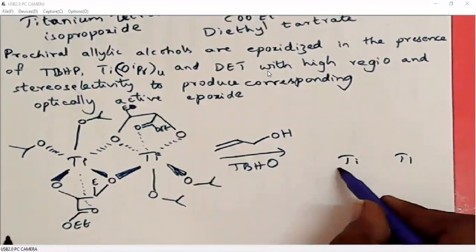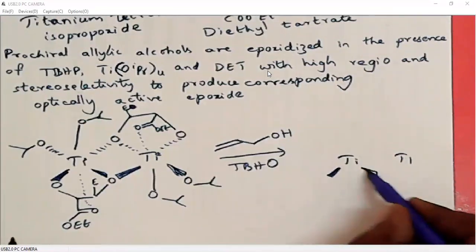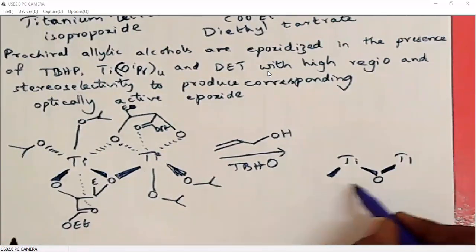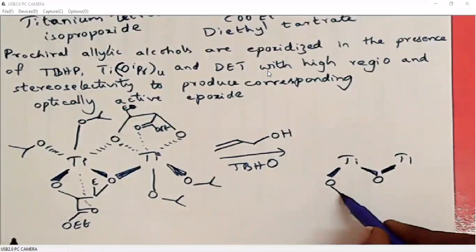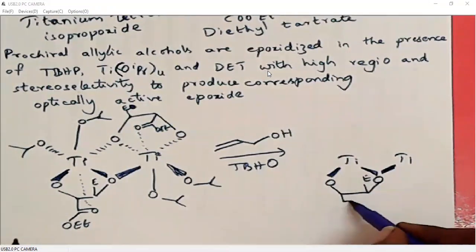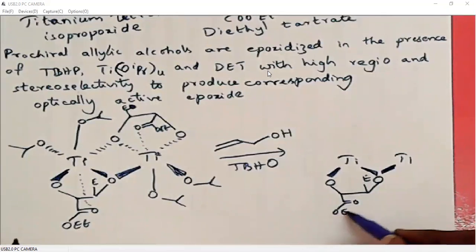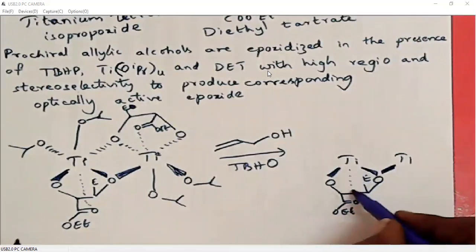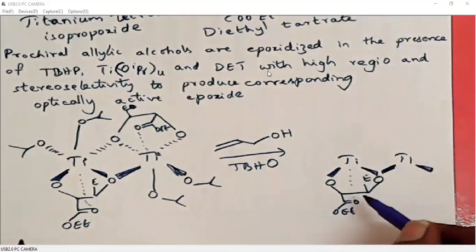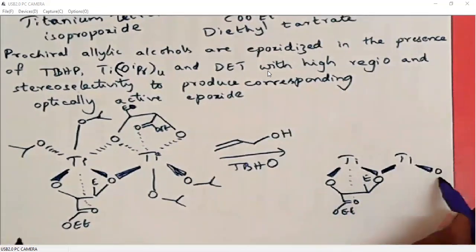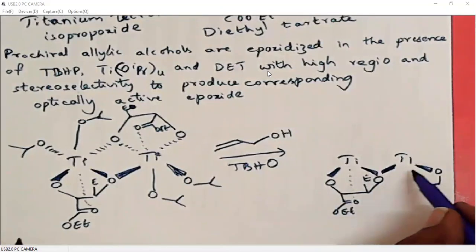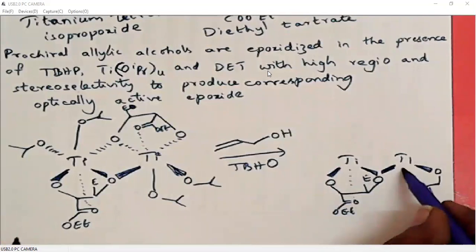So what happens? The complex is as it is. This is E, this is carbonyl OET. Here it is allyl alcohol.